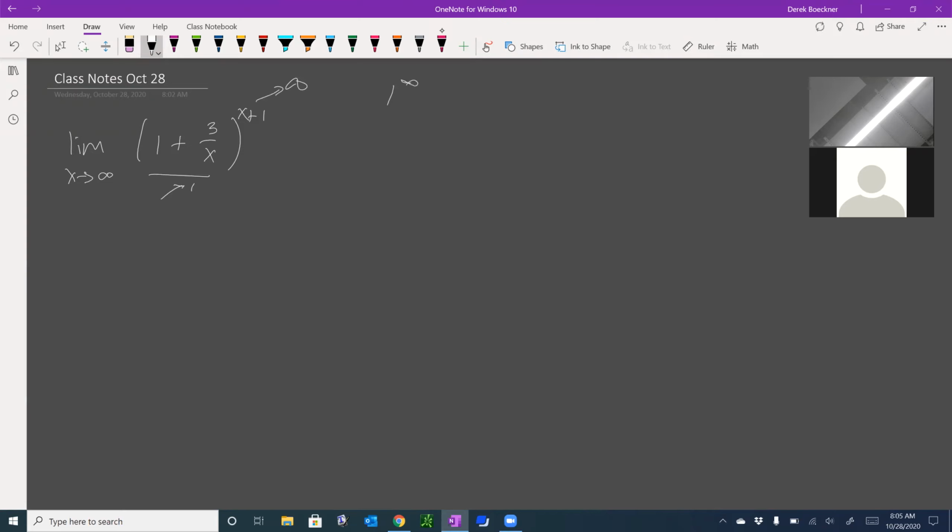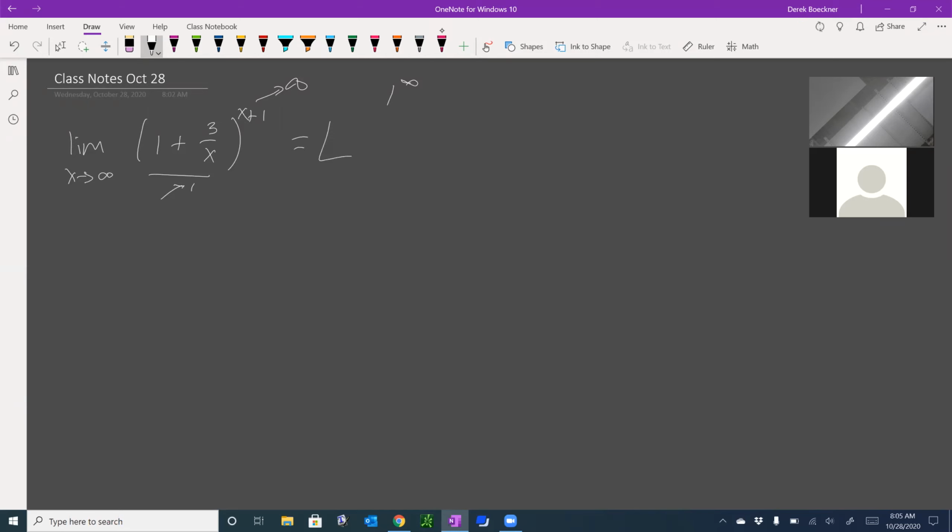So this is a form that looks like 1 to the infinity, right? This is another one where I've got an exponent. I want to get it down into something like 0 times infinity so that I can get it into 0 over 0 or infinity over infinity. So I need to use a logarithm here.